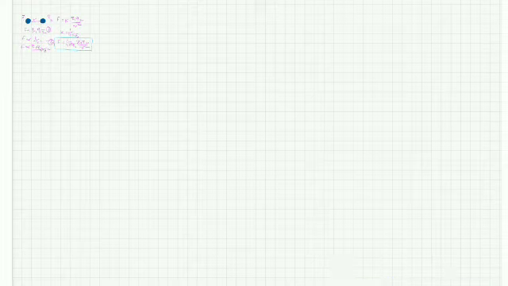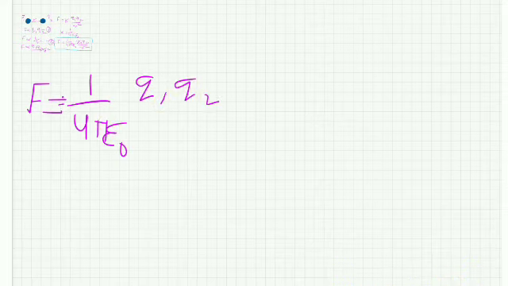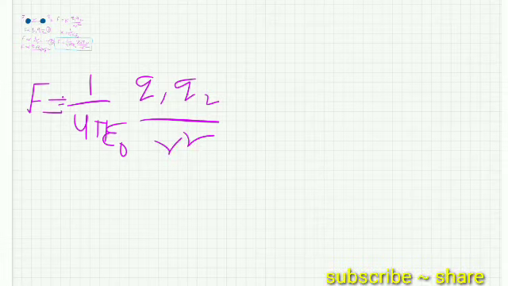This is Coulomb's law: F is equal to 1 by 4 pi epsilon naught q1 q2 by r square.